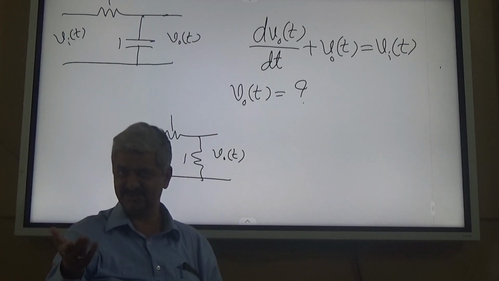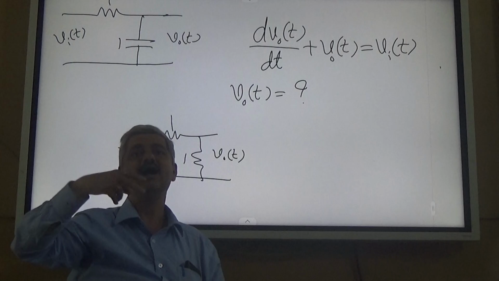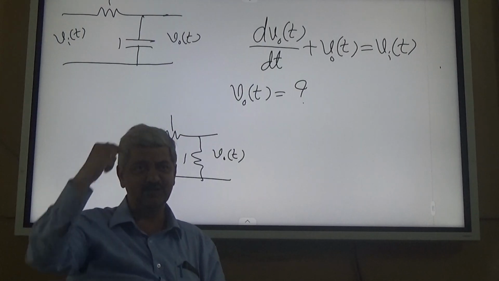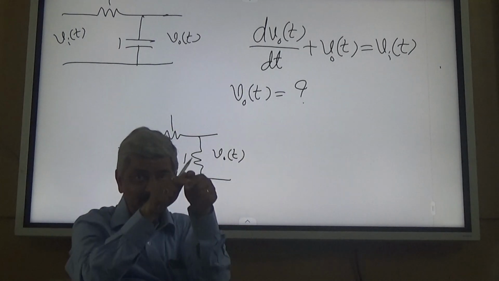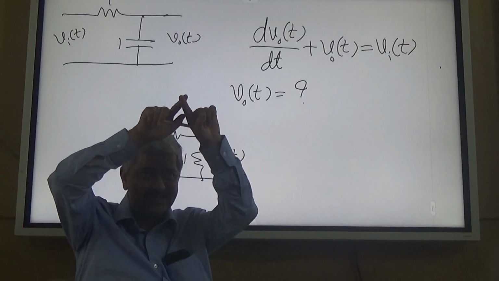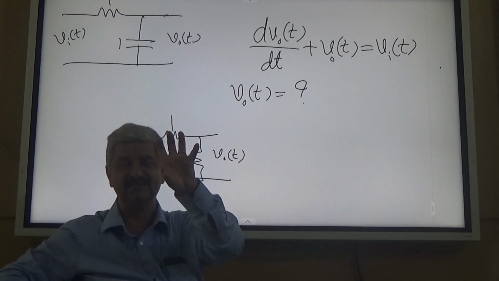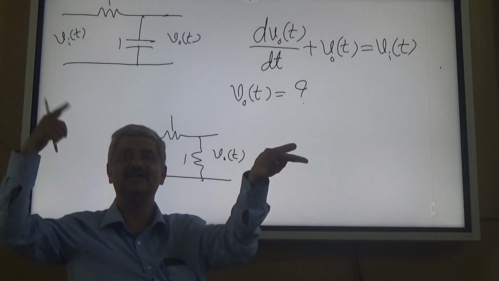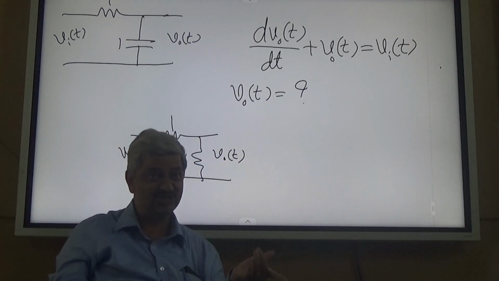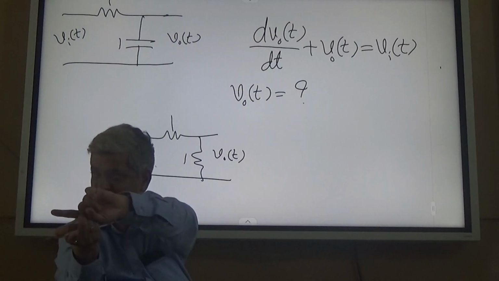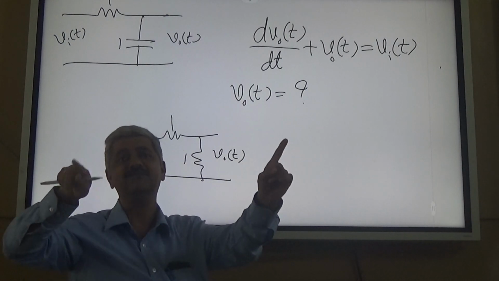Like that, the output of the system, a very simple system with only 2 components, depends upon the values of the components, the arrangement of the components, that is the system, and the input. So for a given system, there will be different output for different inputs. In all, output is a joint function of system and input. But when the system is fixed, then output is merely a function of input.